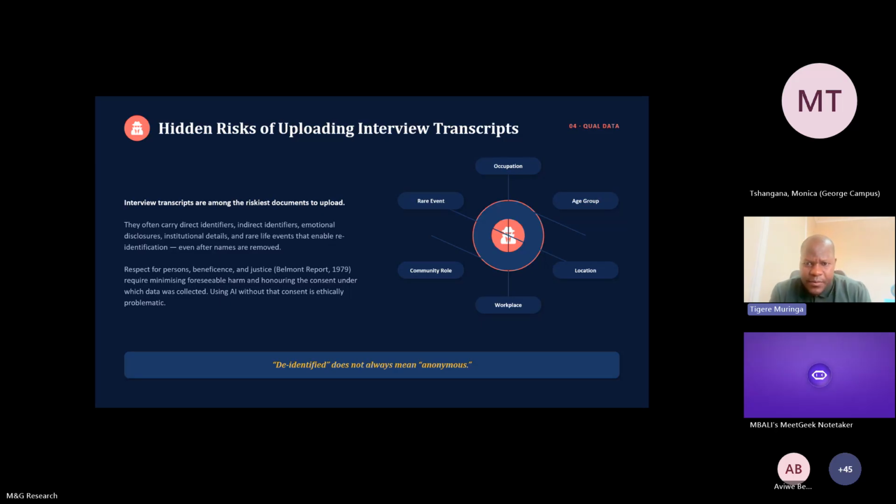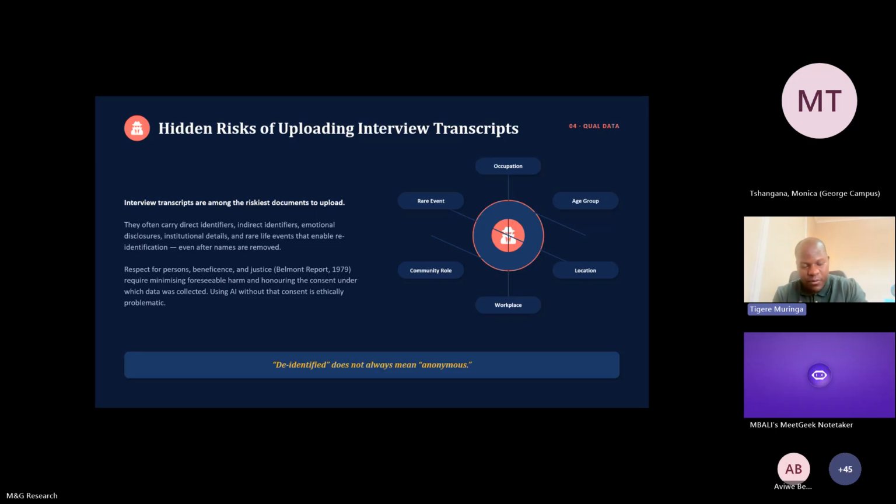So what are we saying? We're saying that AI use becomes ethically problematic when participants consented to academic analysis but did not consent to external AI processing. Right. So what we are saying is that de-identified does not always mean anonymized.